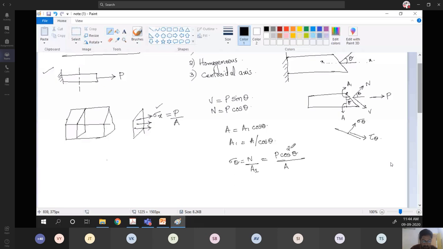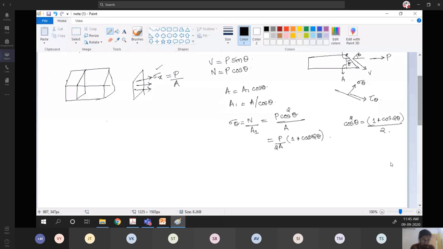And we can substitute cos square theta in terms of cos 2 theta: cos square theta is 1 plus cos 2 theta by 2. So we can write it as P by A into 1 by 2 into 1 plus cos 2 theta.